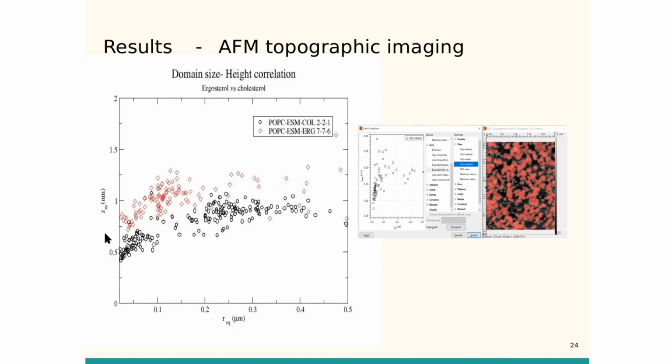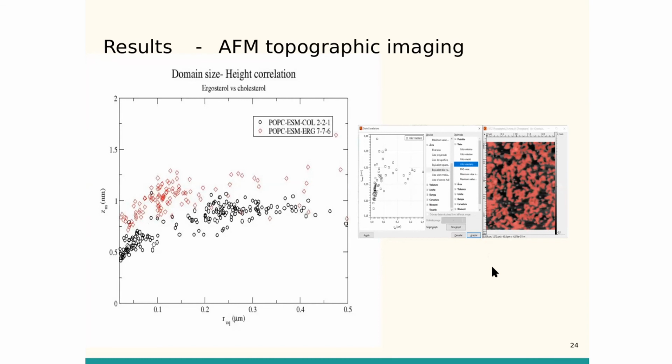But now we are confident that the reproduction that we are giving of this difference, the smaller difference for smaller domains, validates our simulations.